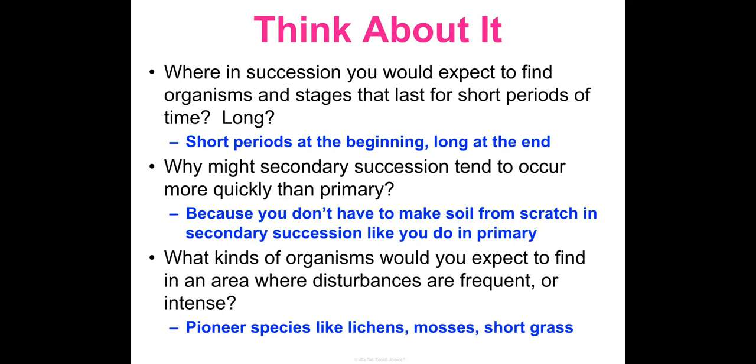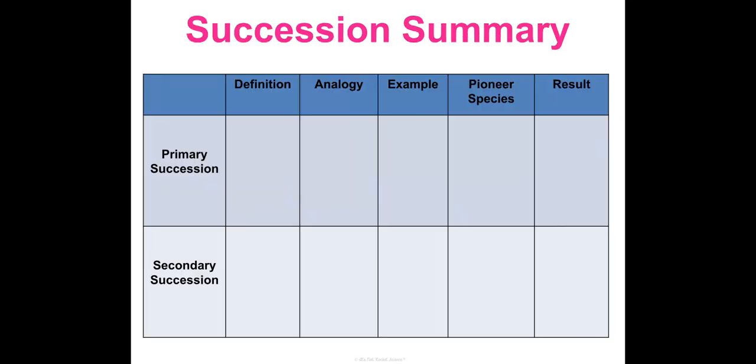So pioneer species. I believe we are right at the end, but we have this chart for you. We're going to compare the two. Primary succession, we're building a brand new ecosystem from scratch. We don't have any soil in the beginning.